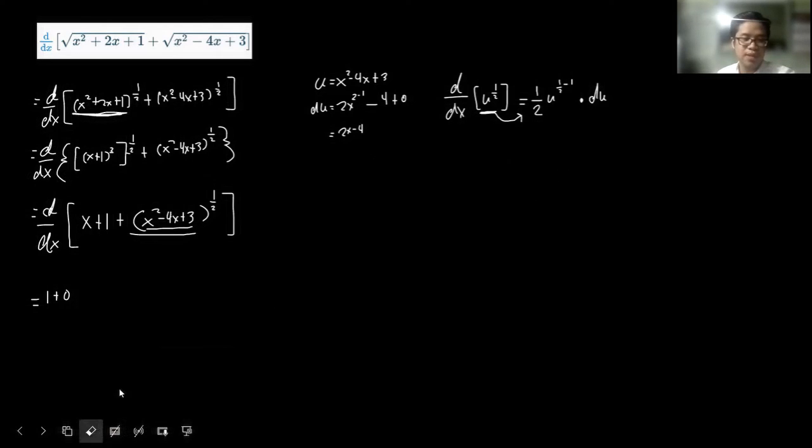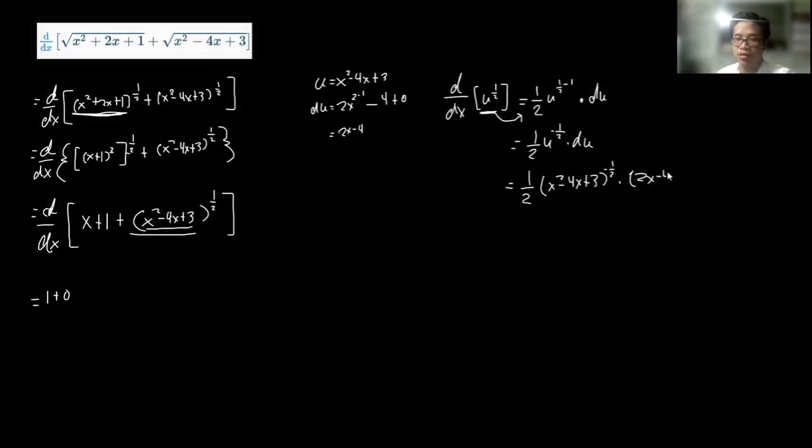So let's begin. In this case, I'll have 1/2 u to the negative 1/2 times du. Now let's substitute. I have 1/2 times my u, which is x squared minus 4x plus 3, raised to negative 1/2, times du, which is 2x minus 4.